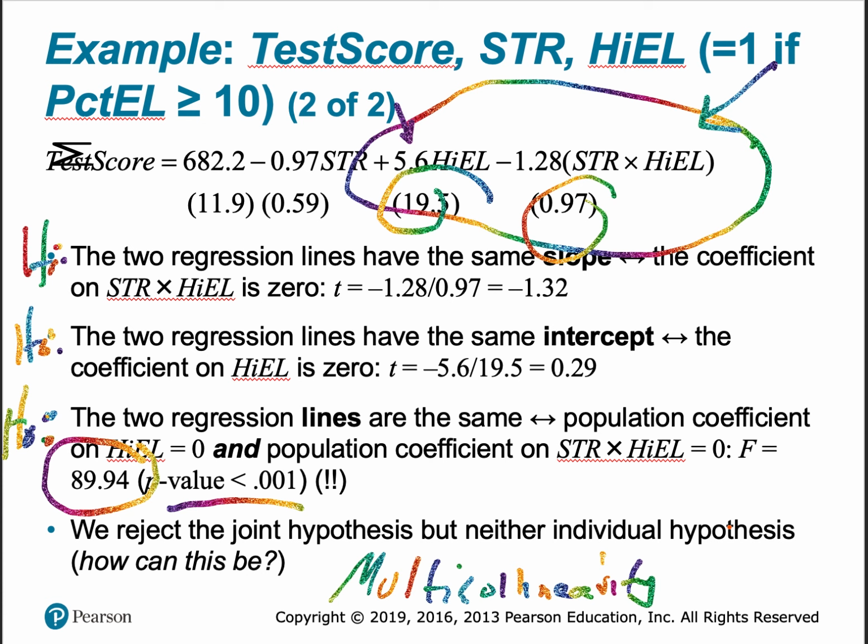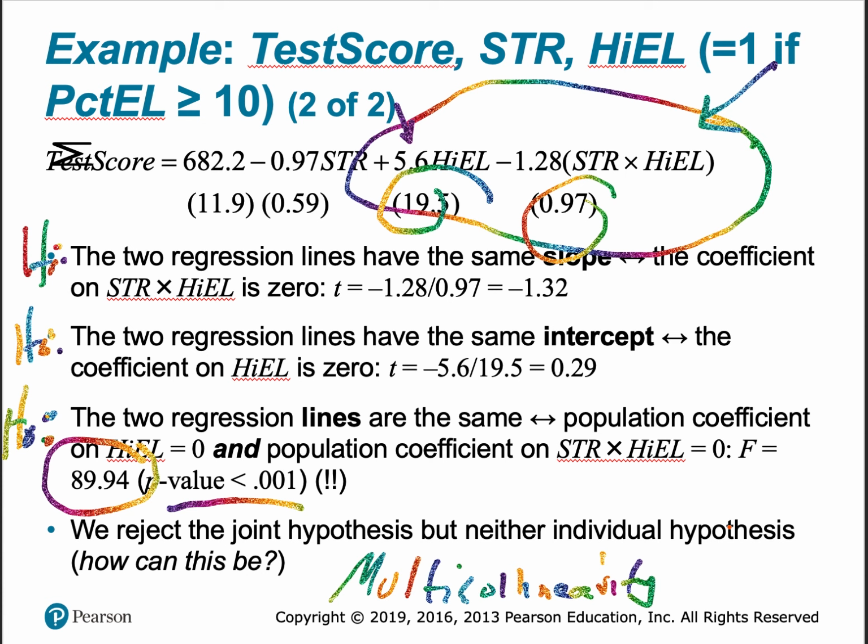However, just because the coefficients are imprecisely estimated does not mean that their joint significance is also basically zero. All right.